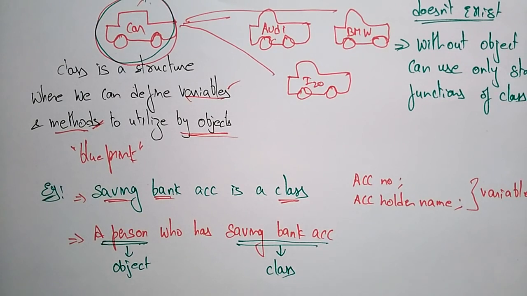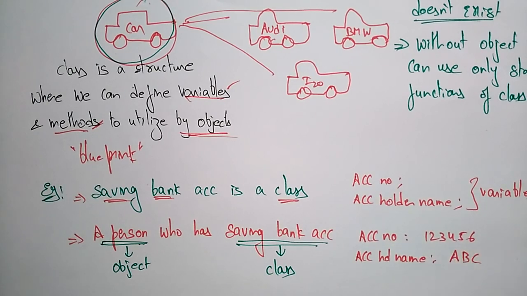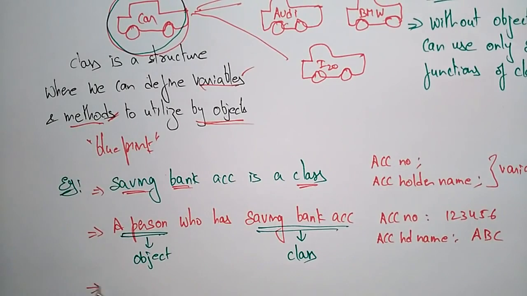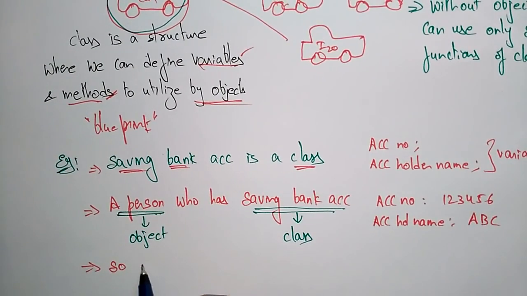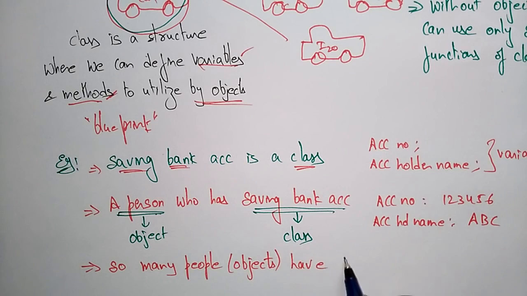So he has his own identity like account number, like 123456, and the account holder name as ABC, like that. So many people, so many people means so many objects have saving bank. Is it right?